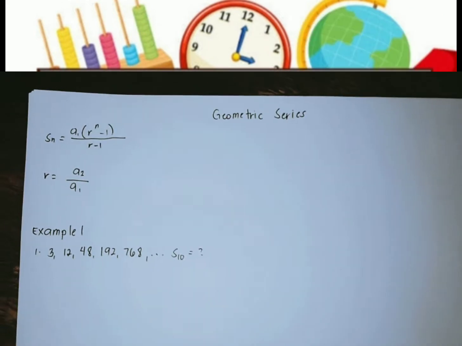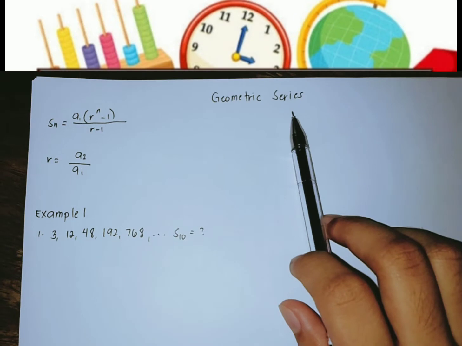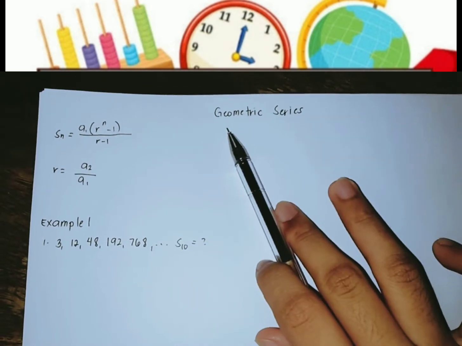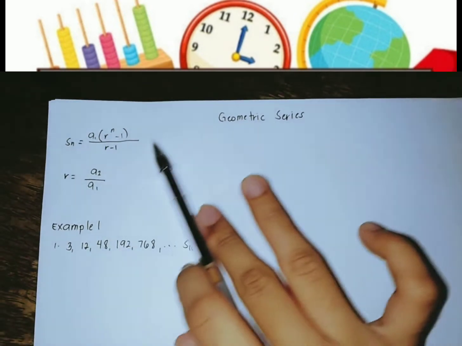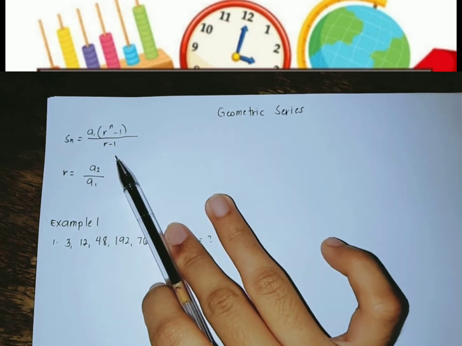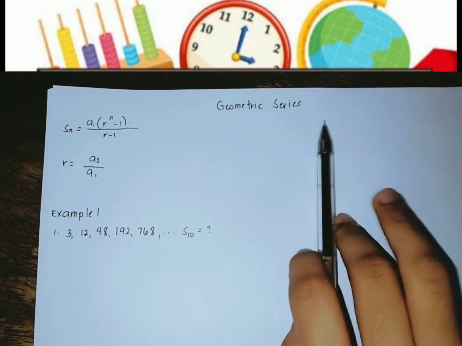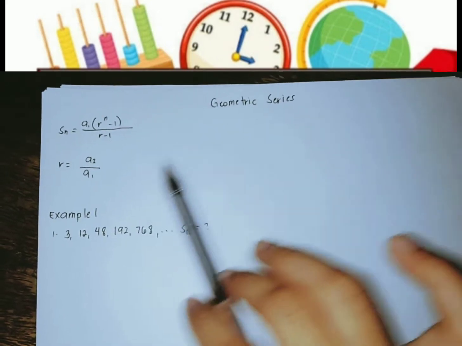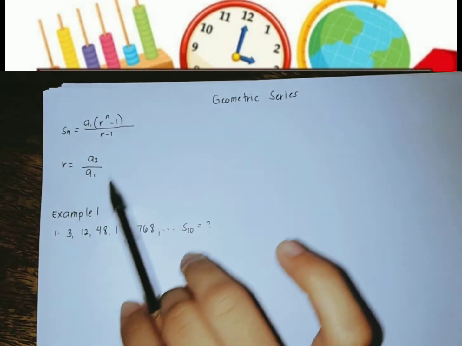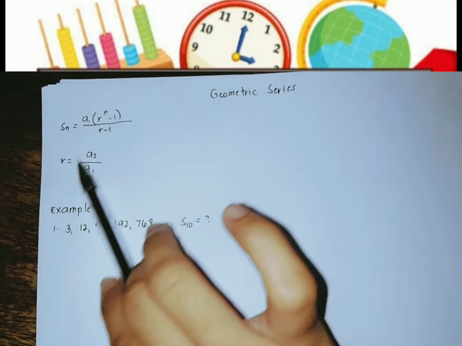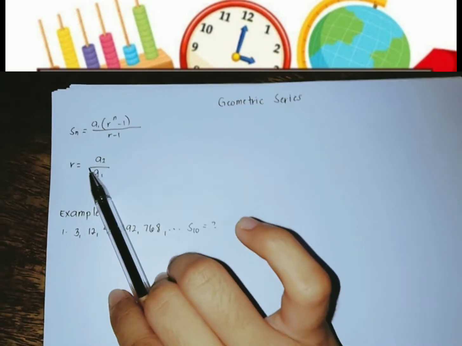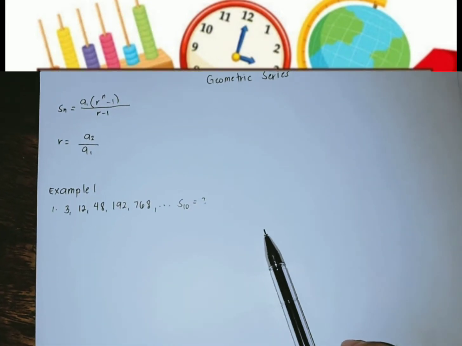So this is the formula that we are going to use in finding the last term, this is the ratio formula that we will use, and these are the examples that we will solve.